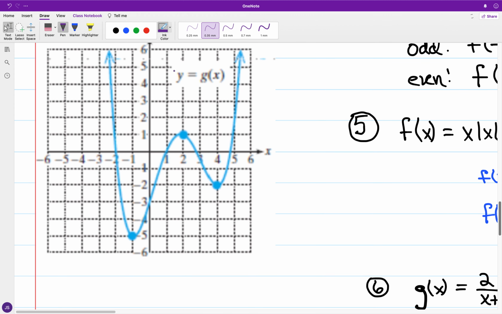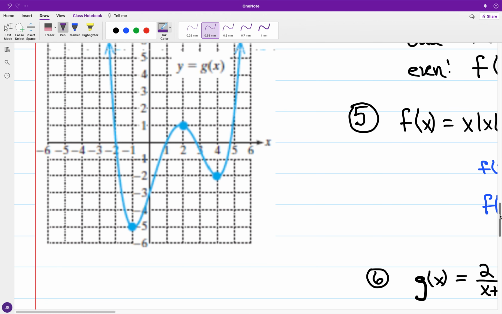All right, so in the graph, you're looking at the intervals in terms of the variable x.